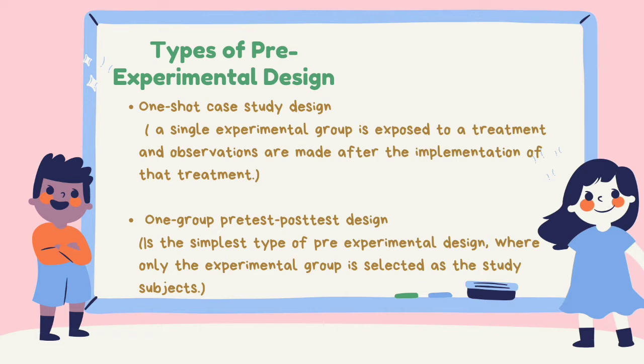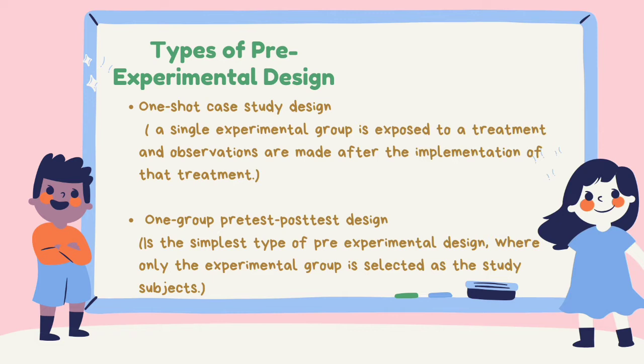And then, types of pre-experimental designs. The first one is the one-shot case study design. In a one-shot case study design, a single experimental group is exposed to a treatment and observations are made after the implementation of that treatment. The second one is the one group pretest post-test design.